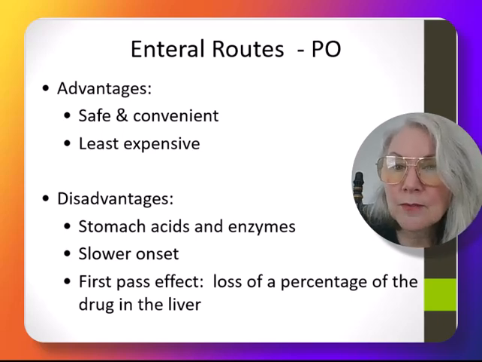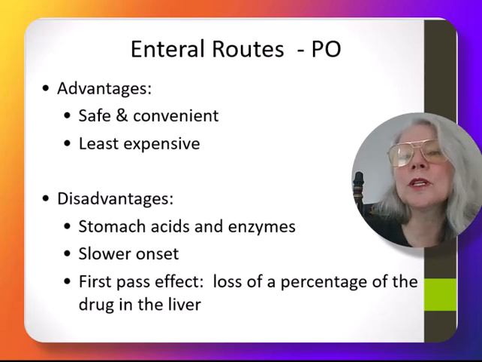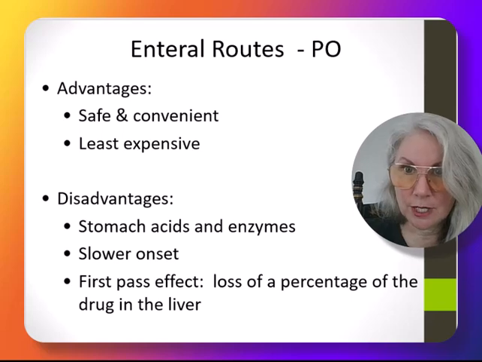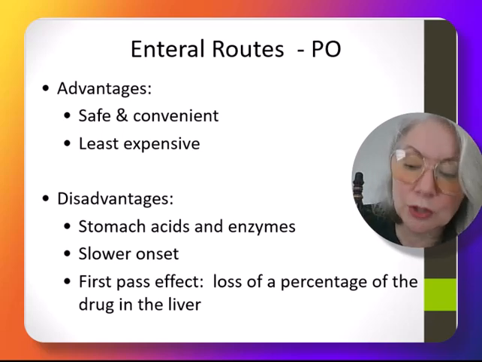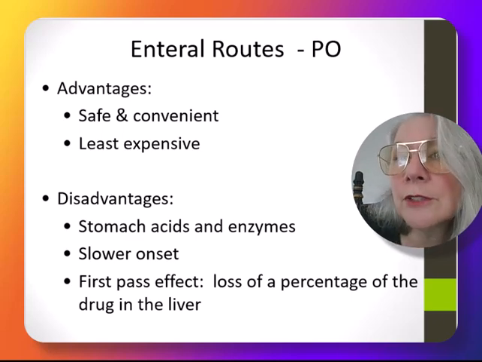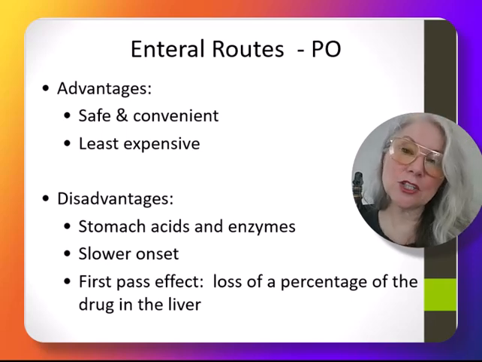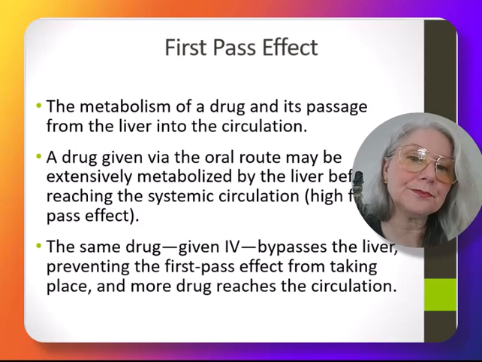Slower onset, anything going through the mouth has to go through the liver before it gets to our bloodstream as a protective mechanism. So when you swallow something, if you swallow a drug, it goes through the liver first. And that first pass through the liver is called the first pass effect.